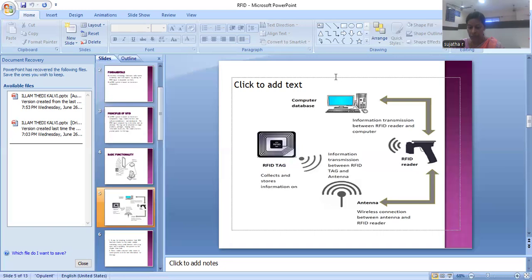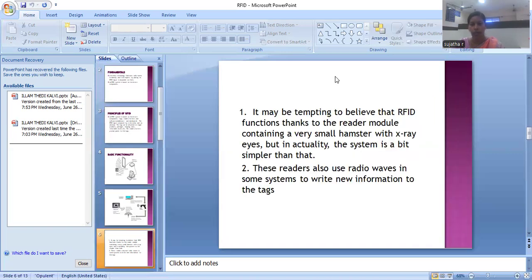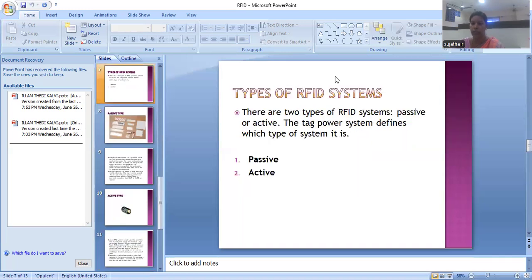Because of that plastic module, it is not easily damaged. The system is very simple to handle. These readers also use radio waves in some systems to write new information to tags.